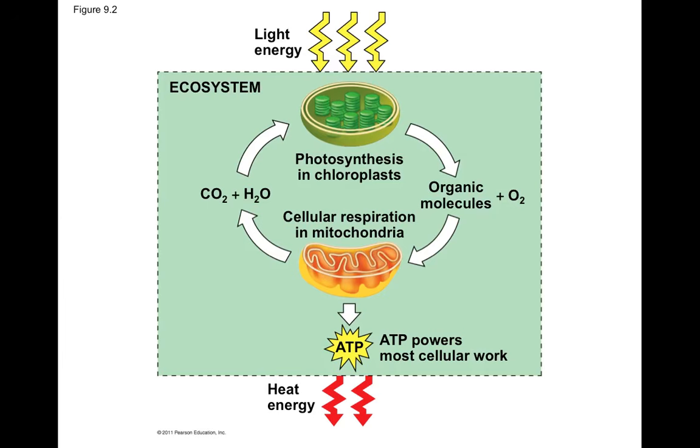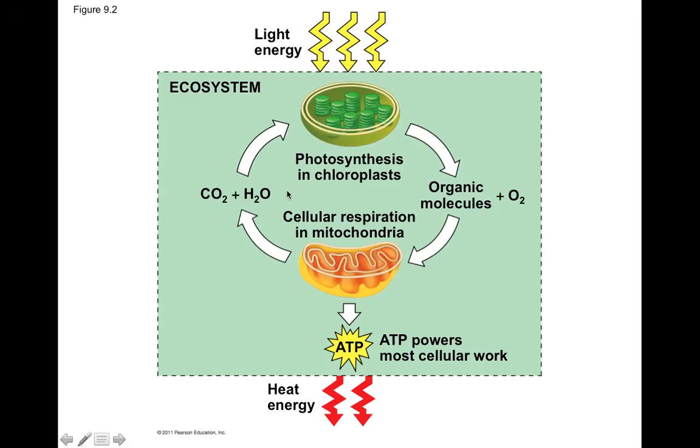But fortunately there's enough there. We're getting showered with enough energy every day that it can keep ecosystems working and transforming that light energy into organic molecules and oxygen gas by photosynthesis in things like chloroplasts that we find in green plants.